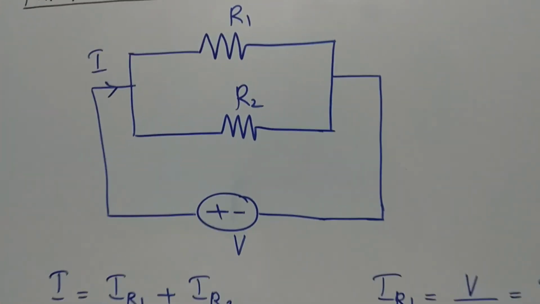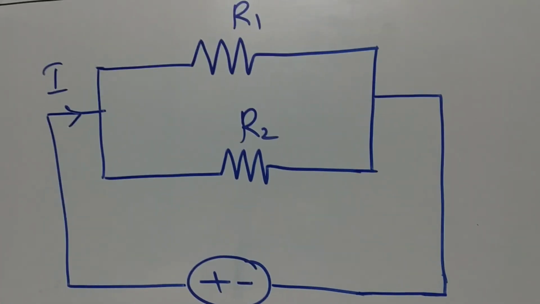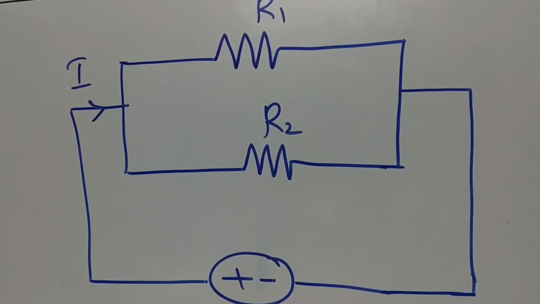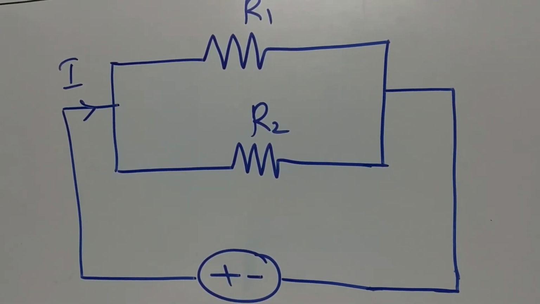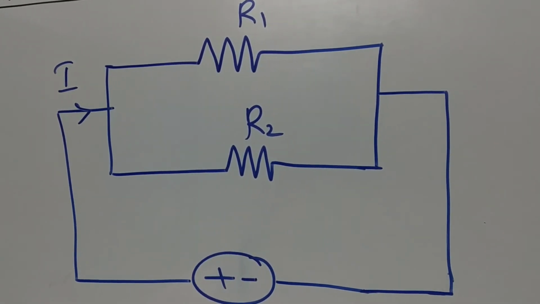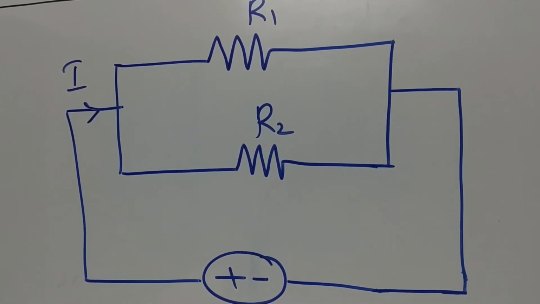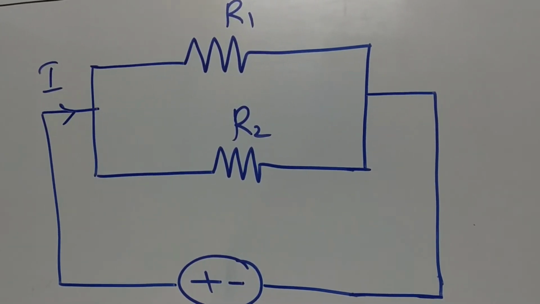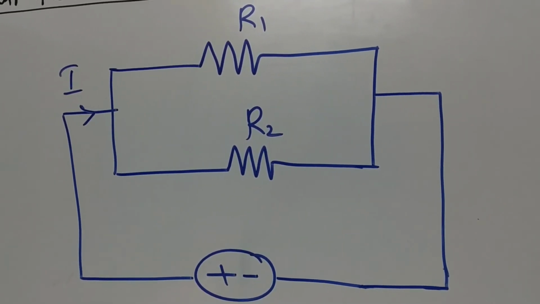So, the current flowing through R1 will be total current I into opposite branch R2 divided by R1 plus R2. Similarly, current flowing through R2 will be total current I into opposite branch R1, I into R1 by R1 plus R2.